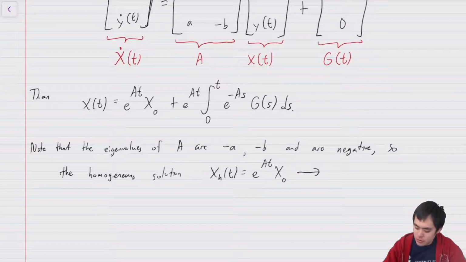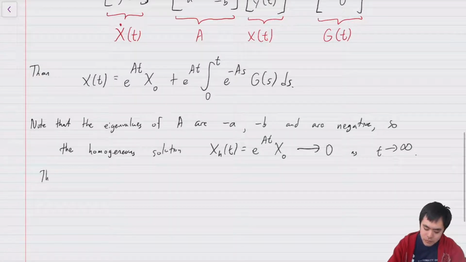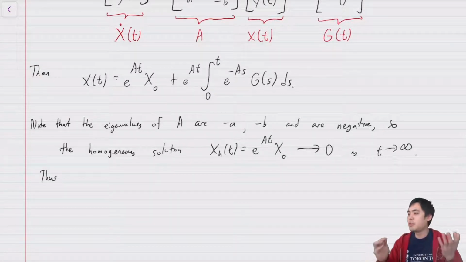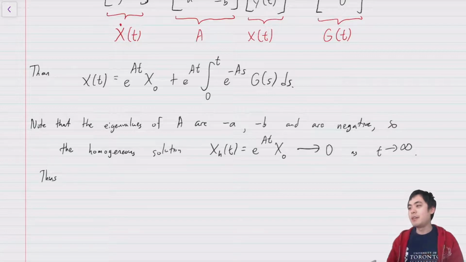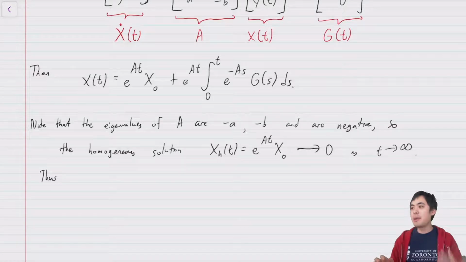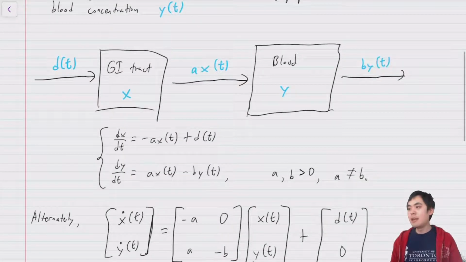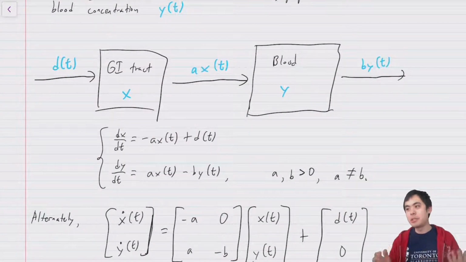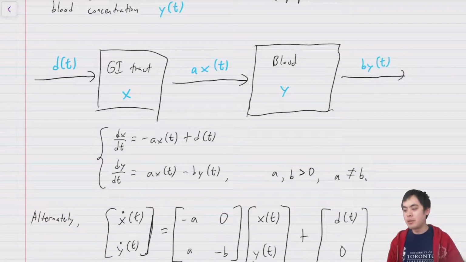Well, that goes to 0 as t goes to infinity, because both the eigenvalues are negative. Which makes sense if you think about it intuitively. The homogeneous solution is the one where you're not adding drug into your system, and the drug is passing out of your system at some rate. And so eventually, you won't have any drug left in your system if you don't keep on inputting drug into your system.